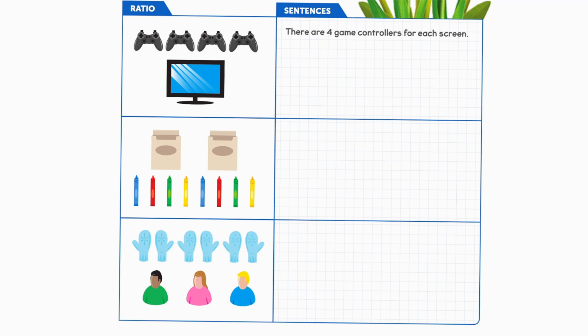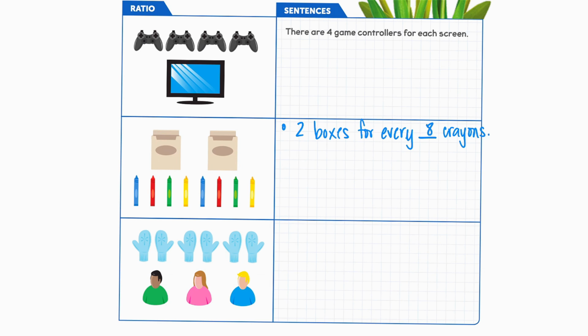So on this first example, we can say that there's 2 boxes for every so many crayons. So we're talking in terms of boxes. So we have 1, 2, 3, 4, 5, 6, 7, 8. So we have 8 crayons. That's one way to write the ratio.